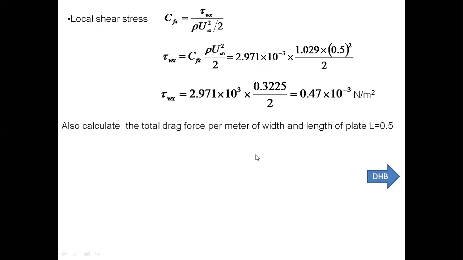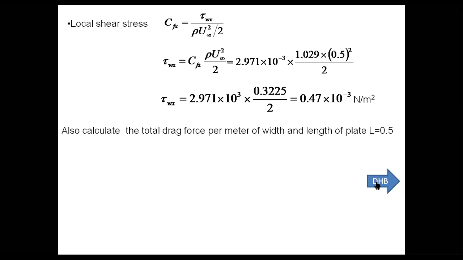So for determining the average shear stress, go back to the data handbook once again. It is given here. In the same equation, instead of the local friction factor, make use of CFL, the average. This is CF bar, no? The total friction factor over the entire length L. There is an equation. Again, this equation is 2 times this.